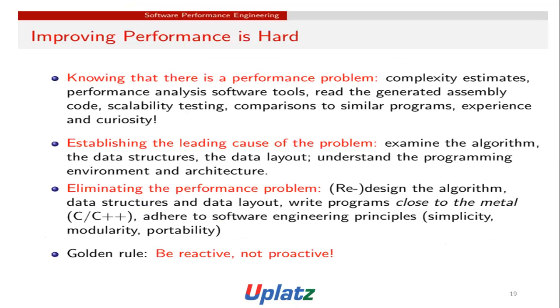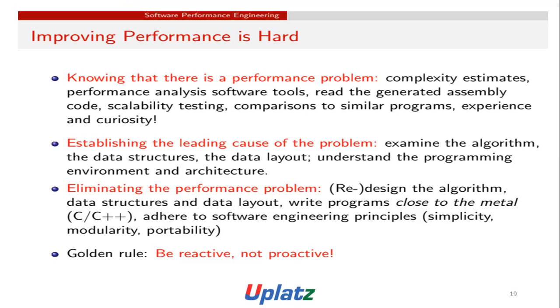Improving performance: knowing that there is a performance problem, complexity estimates, performance analysis, software tools, reading the generated assembly code, scalability testing, comparison to similar programs, experience and curiosity. Establishing the leading cause of the problem: examining the algorithm, data structures, the data layout, understanding the programming environment and architecture.